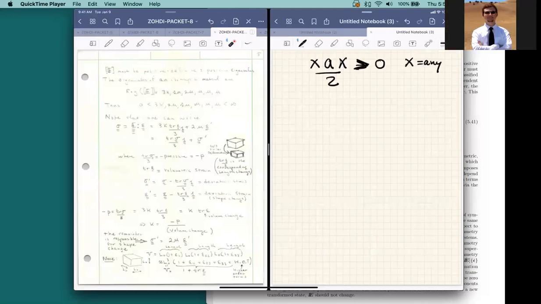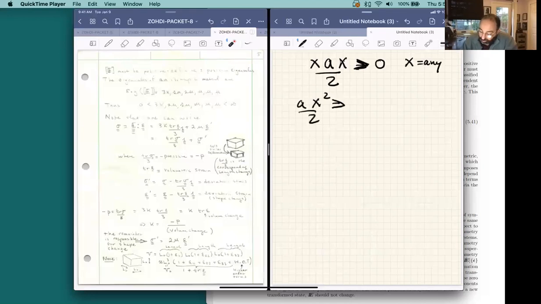It's positive. A is a positive number, right? If x is multiplied by itself, I'm really saying that A x squared over 2 is bigger than 0. Well, there's only one possibility. x could be anything, but it's squared. A has to be, of course, bigger than 0.